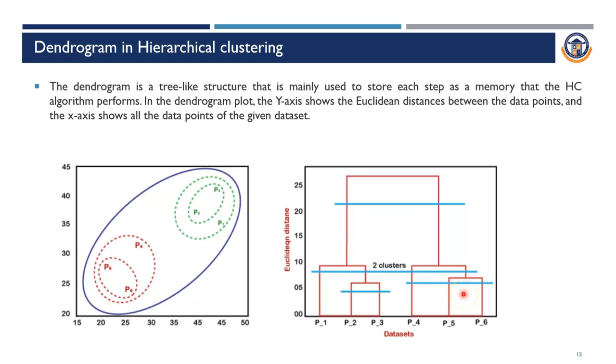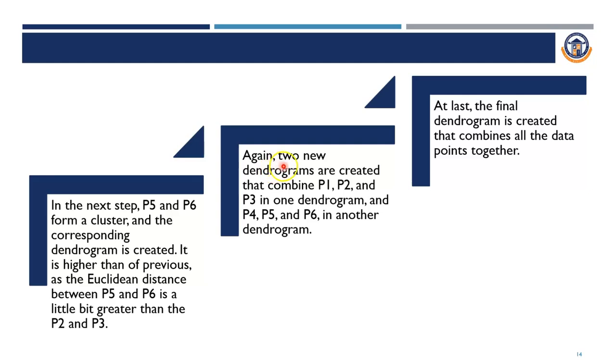Again, two new dendrograms are created that combine P1, P2 and P3 in one dendrogram, and P4, P5 and P6 in another. At last, the final dendrogram is created that combines all the data points together.